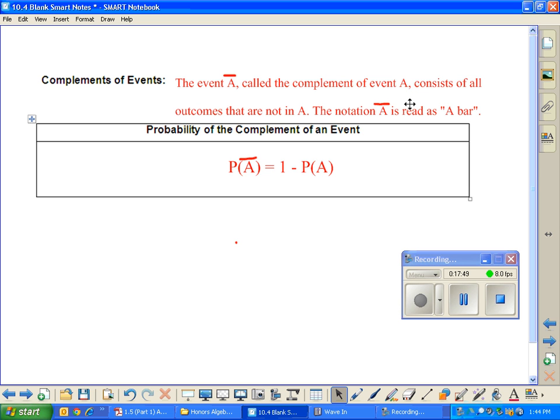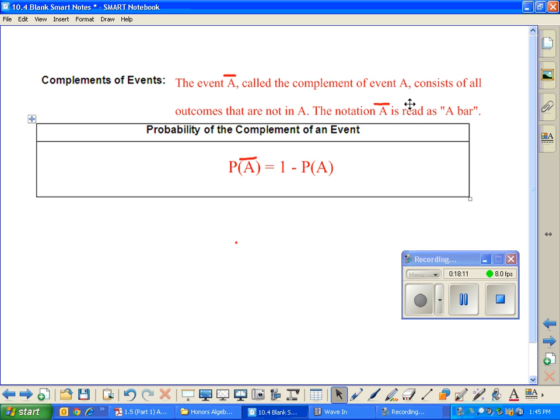Kristen, go ahead. Yeah, 1 is the whole. 1 is like 100%. That's going to happen. 100% is the highest we can get with probability. And so from the whole, we're subtracting the probability of A because whatever's left over is the complement by the definition. Does that make sense? That's how we find it.